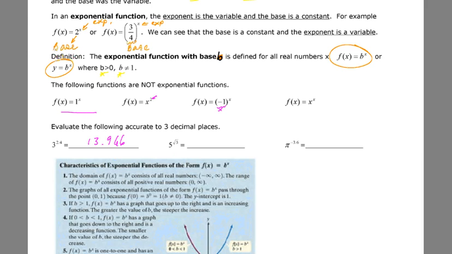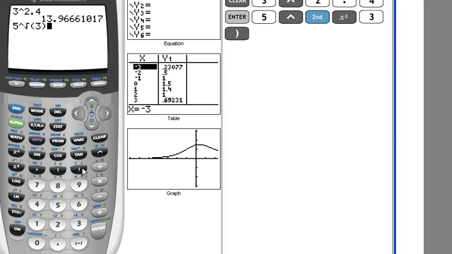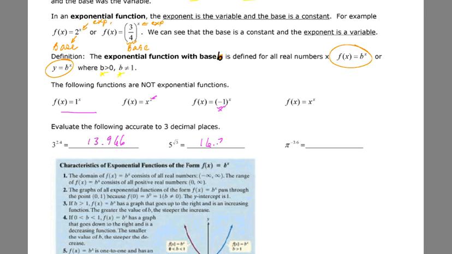Let's try 5 to the square root of 3 power. Type in a 5, type in your caret, type in your square root, and let's put a 3. So 5 raised to the square root of 3 power is 16.2424.